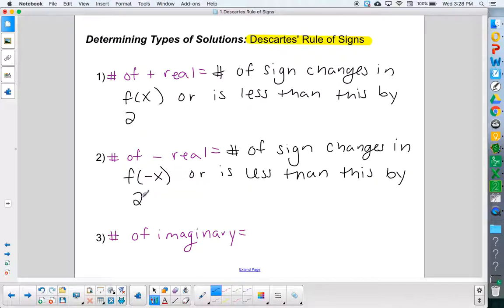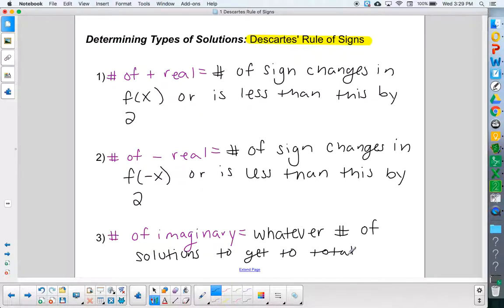And now imaginary is the easiest number to find. It's whatever's left, so whatever number of solutions is left to get to the total. Right, so if you have a 3rd degree polynomial like a cubic, you have to have 3 solutions. So you have to make sure that all 3 of these categories add up to 3.